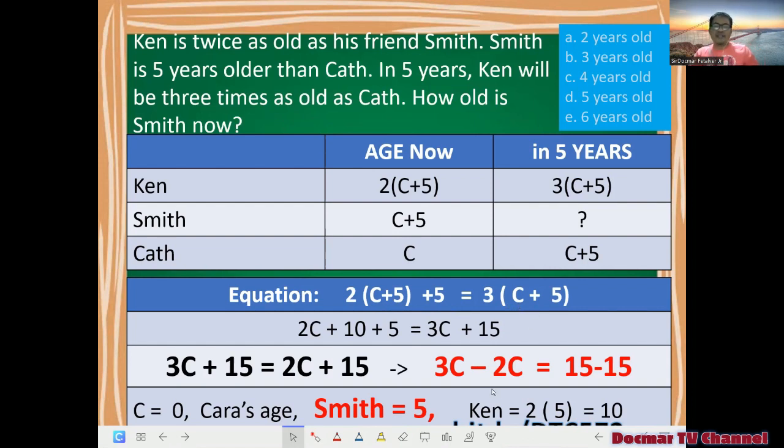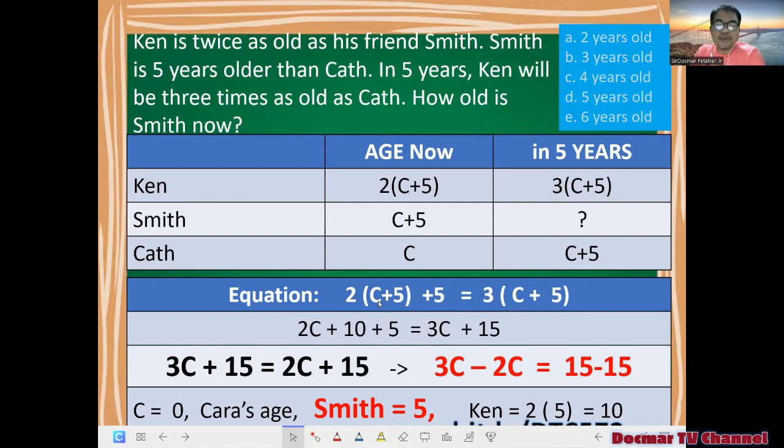So take note that Kat is C plus 5 in 5 years. Hindi natin nilagyan dito ng plus 5 kasi what is being asked there is in 5 years lang para doon kay Ken. So kaya ang nilagyan na lang natin ng plus 5 is age of Ken.